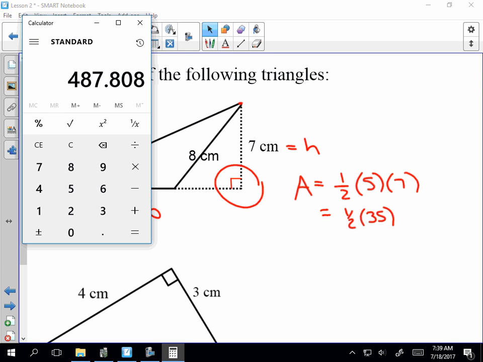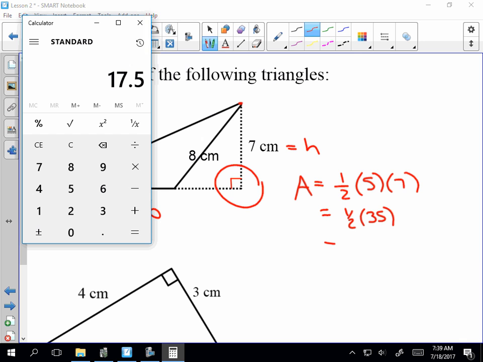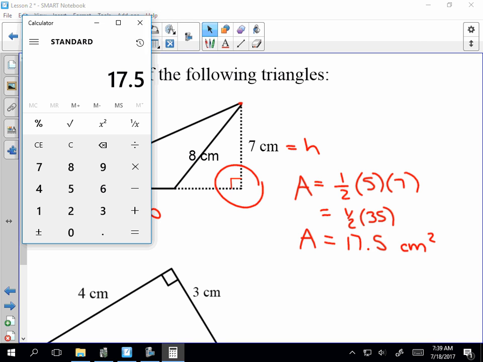But this is early in the morning, so I'm going to double check that. So we've got 35 divided by 2, or 35 times 0.5. And then we're always looking at our units, centimeters squared. Because remember, when we're finding an area, we're finding how many two-dimensional little centimeter squares can fit in and build this shape.